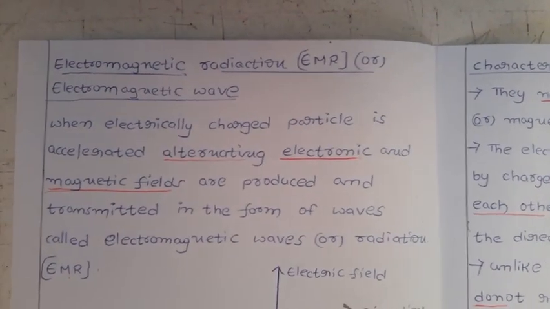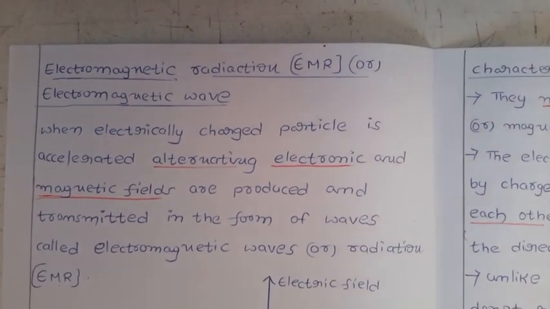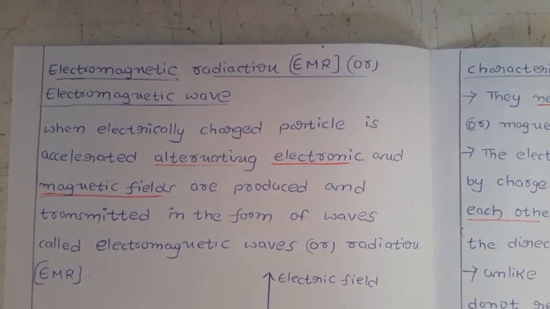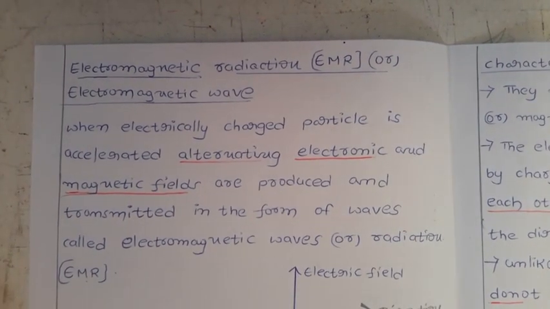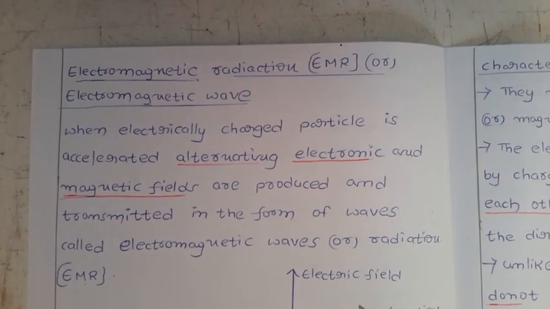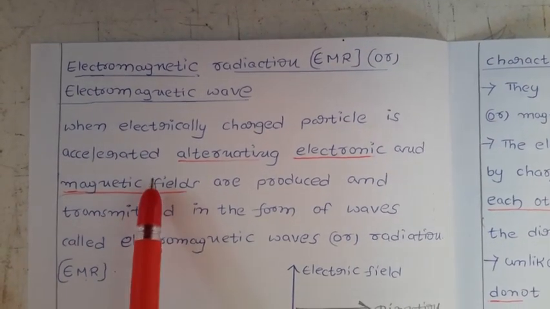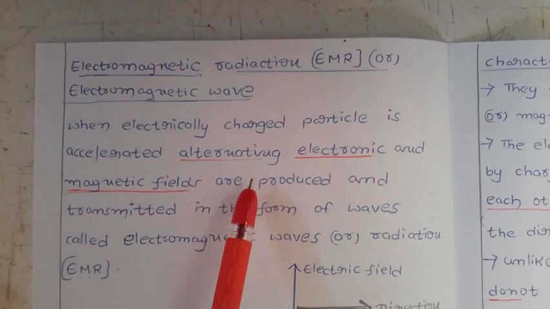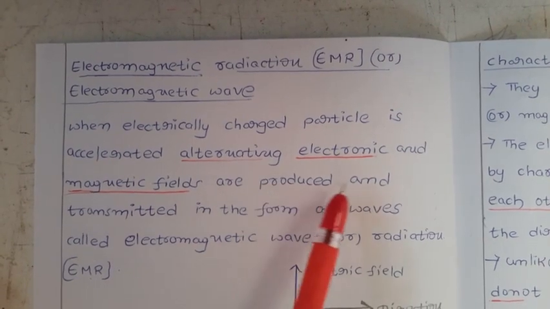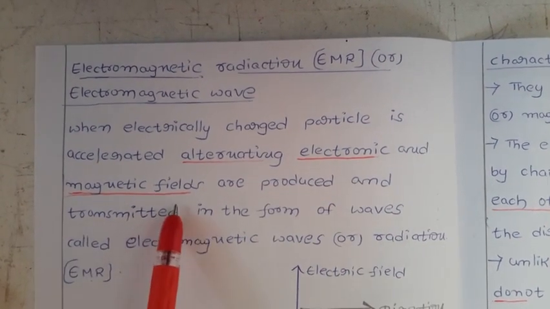Now let us discuss: electromagnetic radiations are also called electromagnetic waves. What happens when an electrically charged particle is oscillated? There is a production of alternating electric field and magnetic field.